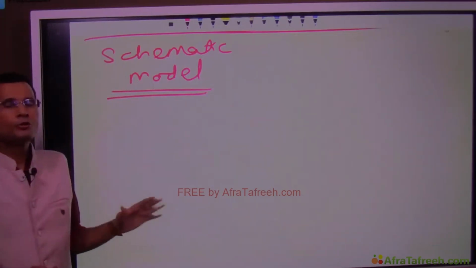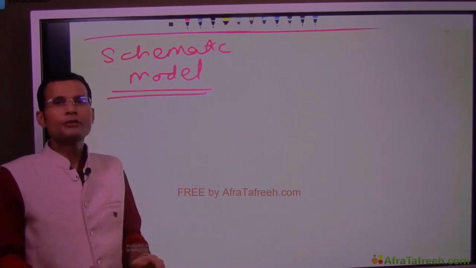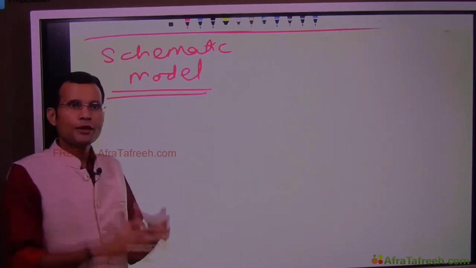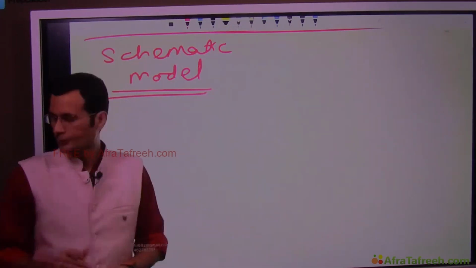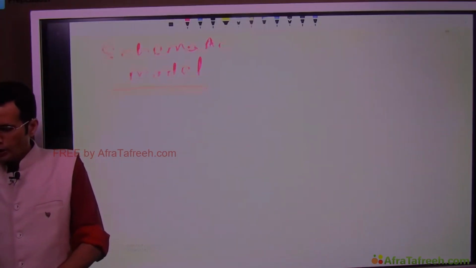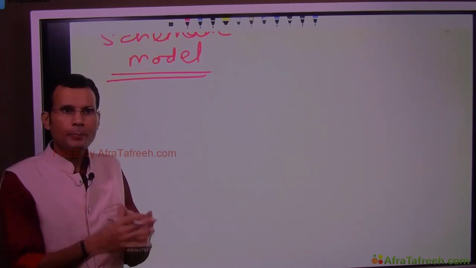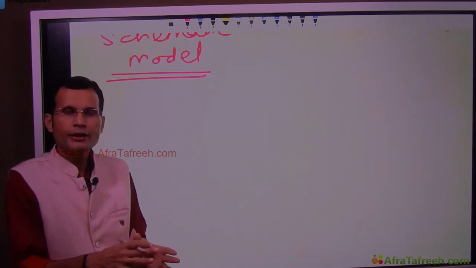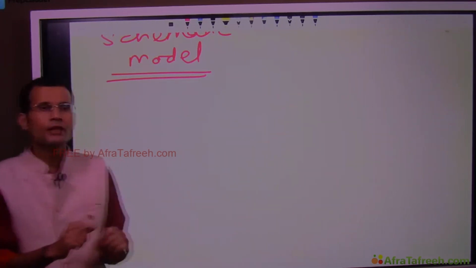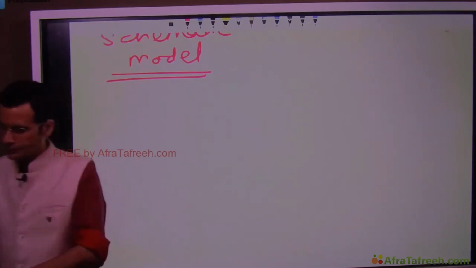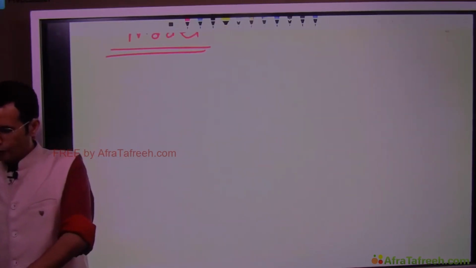And of course, there are two systems which are the regulatory systems, the nervous system and the endocrine system. They regulate the homeostatic contributions of all other systems. So, for all these parameters which are regulated by the various systems, there is a schematic model for homeostatic regulatory mechanisms. Let's see what that model is.